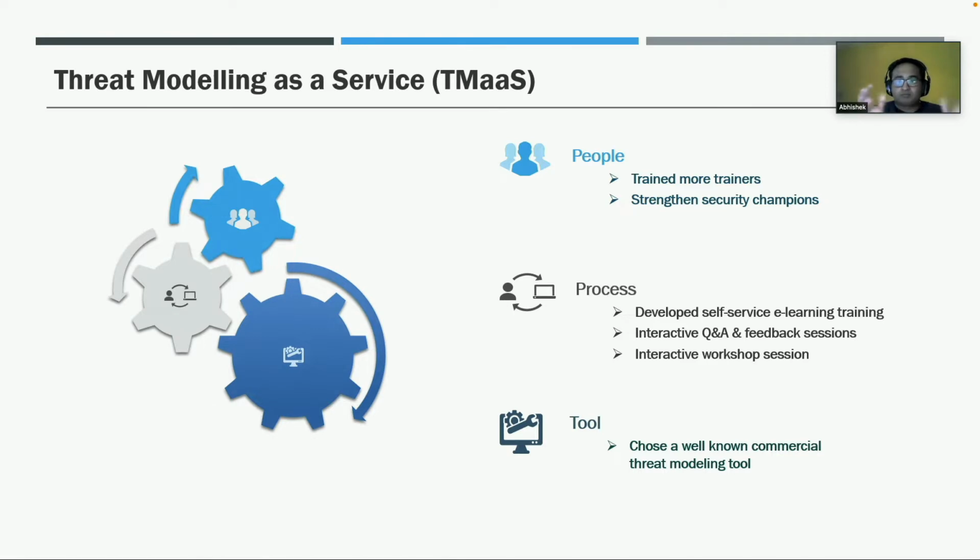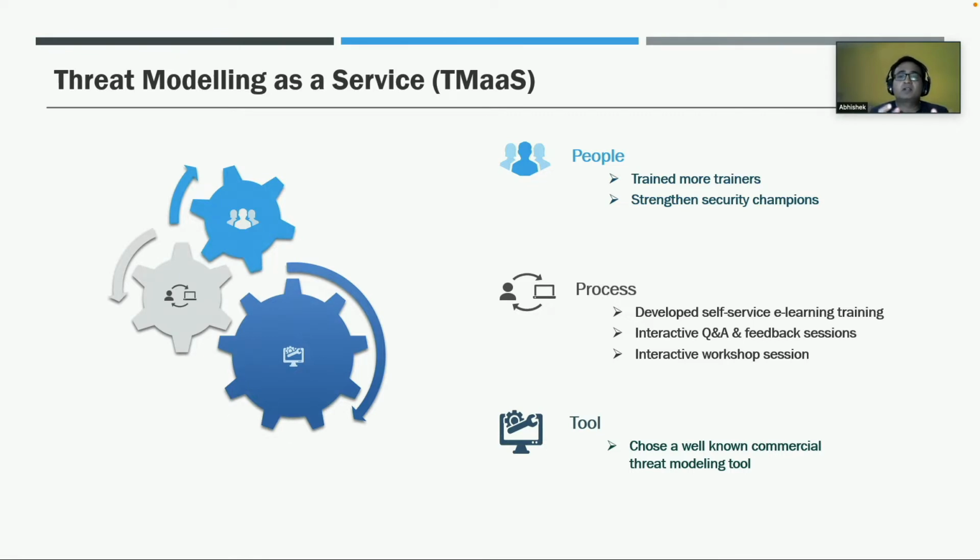Our talented trainers created a bunch of small, short videos, and using this self-service platform in the bank, teams can enroll themselves for this training, and they can do it as per their convenience and flexibility, right?